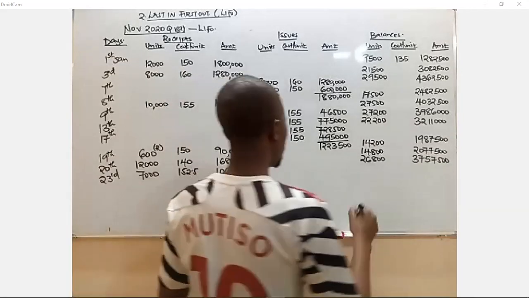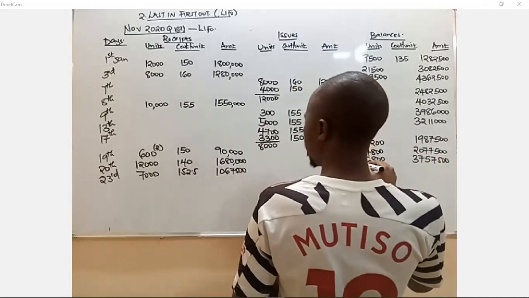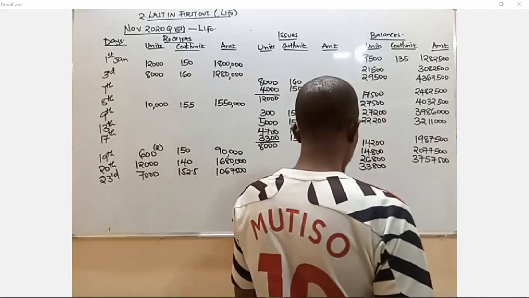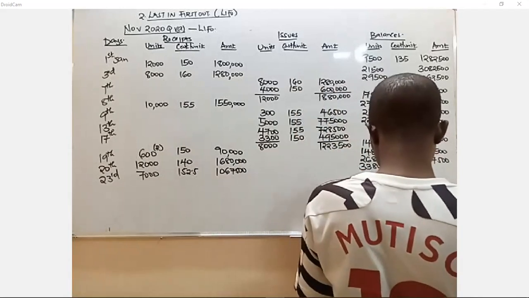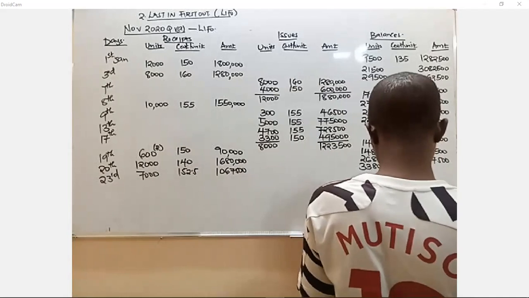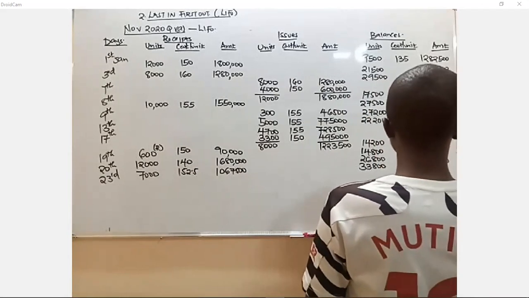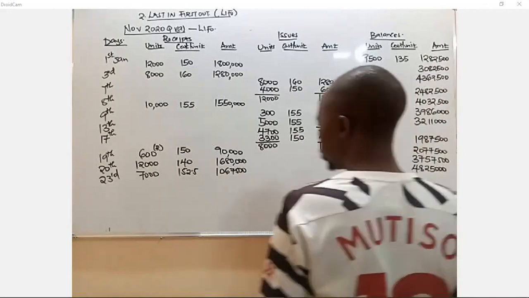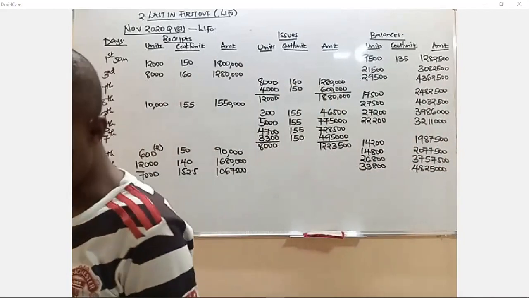Take them to store. We are getting how much? Yes, 33,800. Then we have plus 3,757,500, getting 4,825,000. That is on the 23rd.